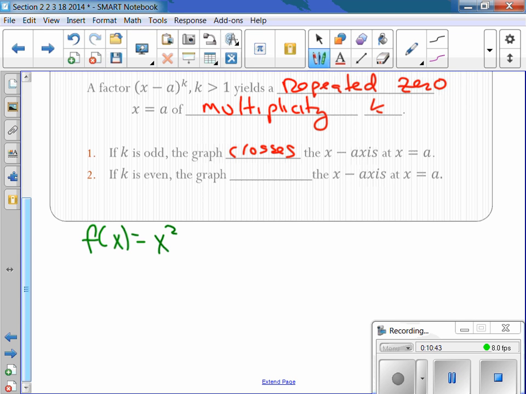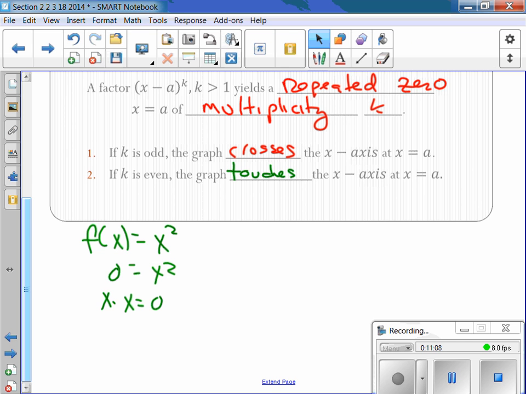Set it equal to 0. I have my x equals 0, multiplicity of 2. Does that cross the x-axis? What does it do? It just touches it.